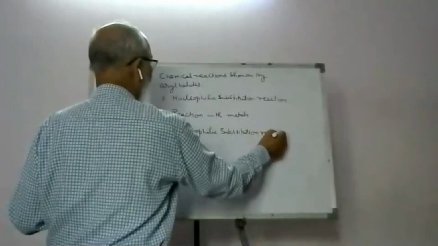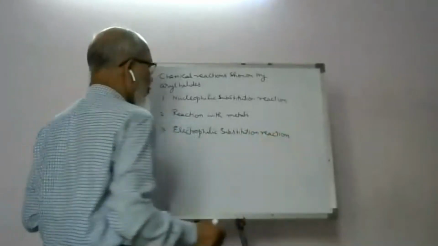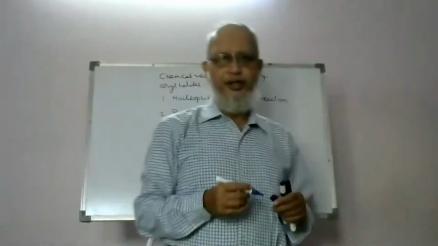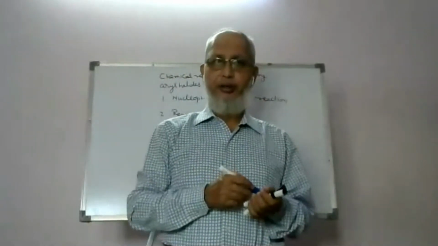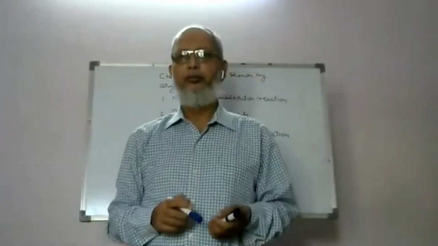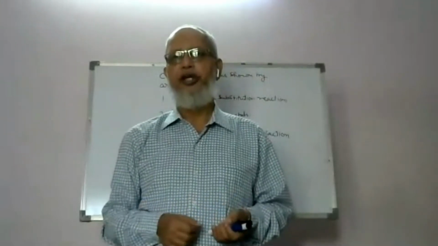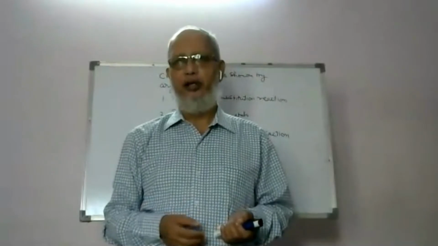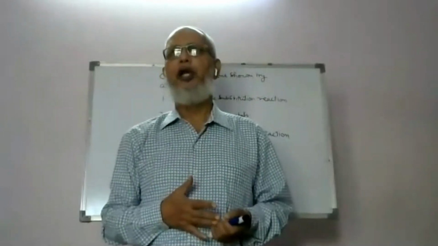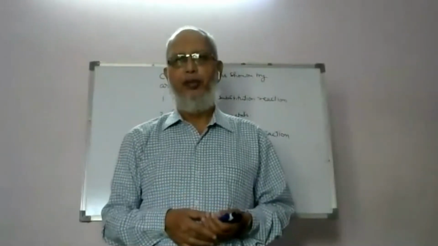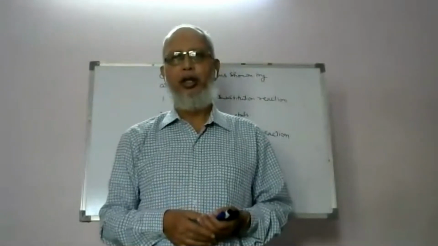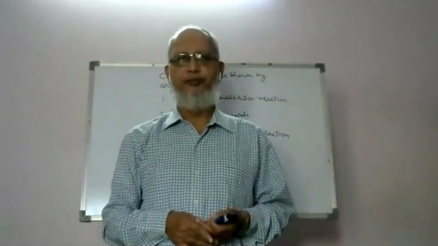These electrophilic substitution reactions are not only shown by chlorobenzene or benzene, but by all the derivatives of benzene, maybe chlorobenzene, benzoic acid, nitrobenzene, benzaldehyde, etc. And there are four electrophilic substitution reactions which are common in all the compounds containing benzene nucleus.